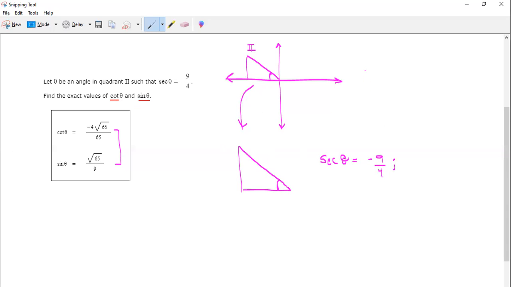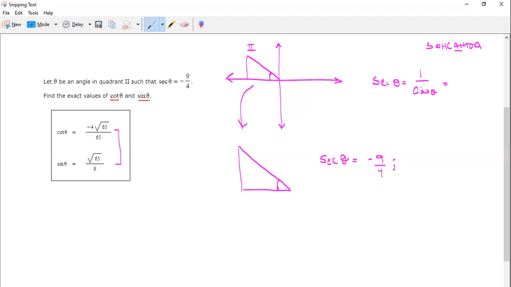We also know that the secant of theta is equal to 1 over the cosine of theta, right? Because we have sine, cosine, tangent, cosecant, secant, cotangent. If we look at SOHCAHTOA here, we would know that the cosine is the adjacent over the hypotenuse.